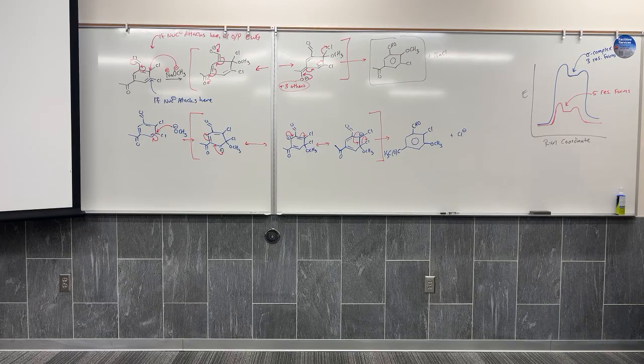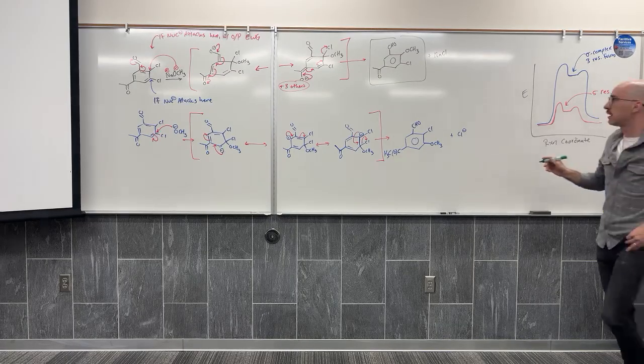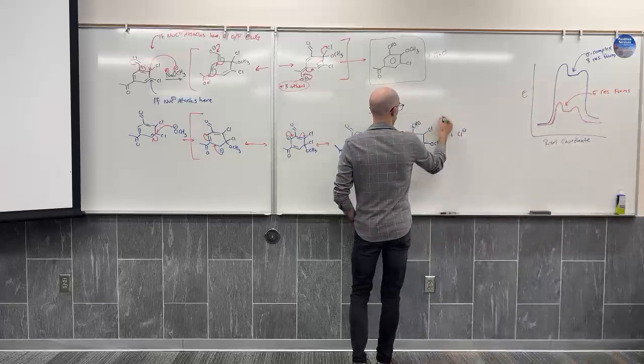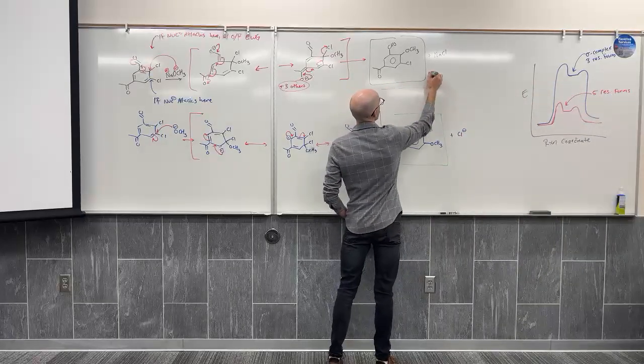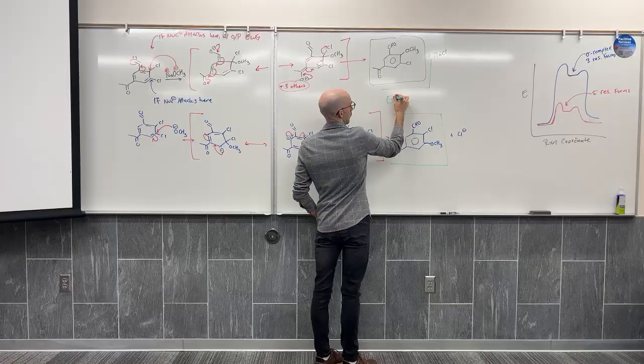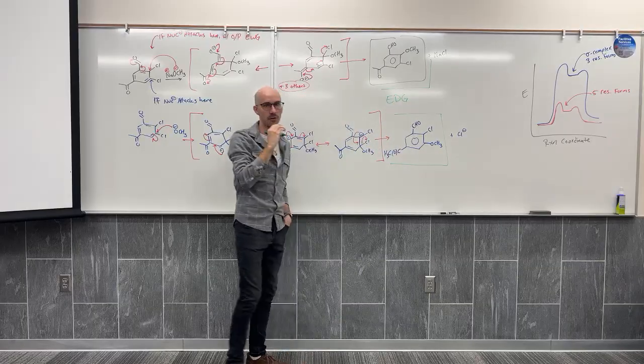I mentioned something earlier that I kind of misspoke when I said it. I said we could substitute both of these chlorines, and I meant to say we could substitute either of these chlorines. We actually can't substitute both of them because after one of them forms, it has an electron donating group.